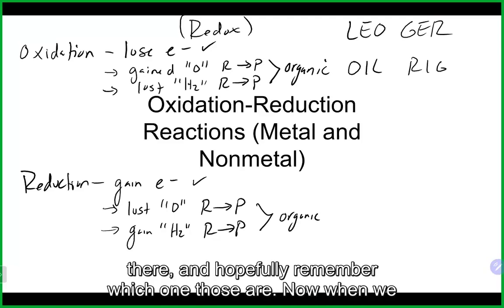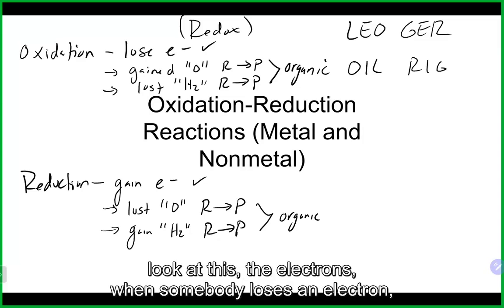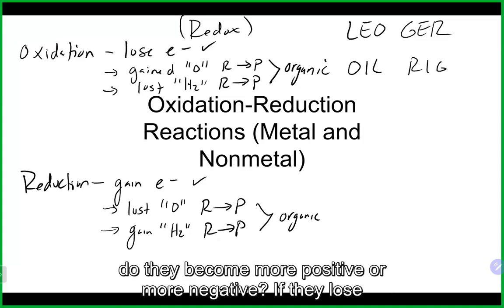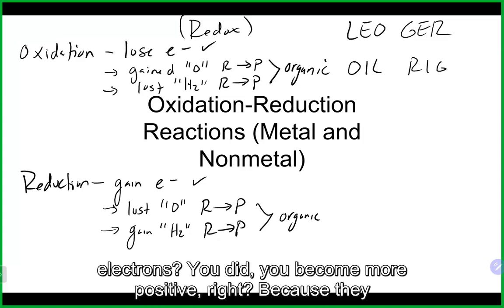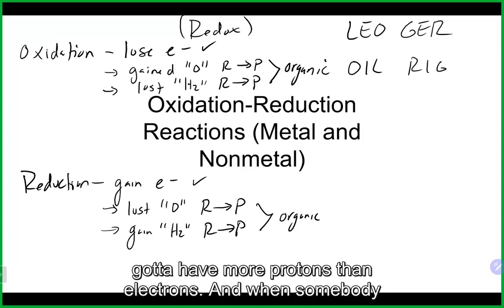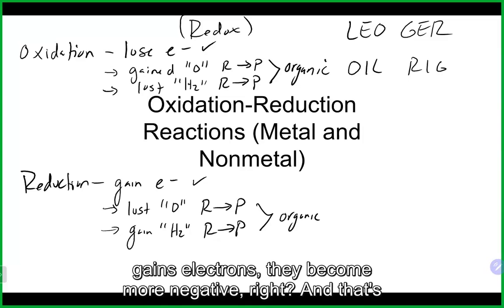Now, when somebody loses an electron, do they become more positive or more negative? They do become more positive, right? Because they've got more protons than electrons. And when somebody gains electrons, they become more negative, right?